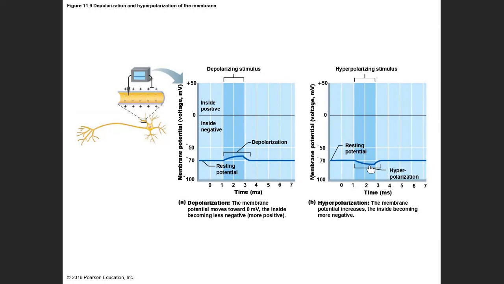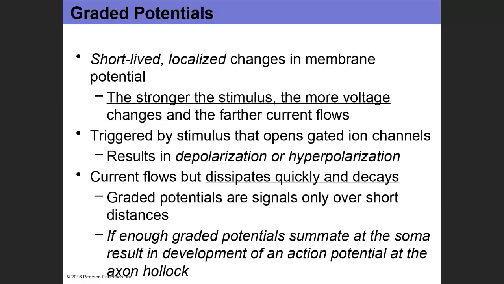For a very brief period of time, while those voltage-gated potassium channels are still open and you're still having potassium efflux, remember, those channels are slow to close. So the inside of that cell goes a little bit more negative than at rest, and you see a depression in this line. We're going to see a dip down with hyperpolarization, and remember, that value is usually about negative 90.